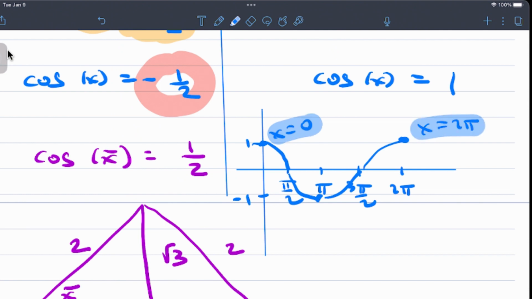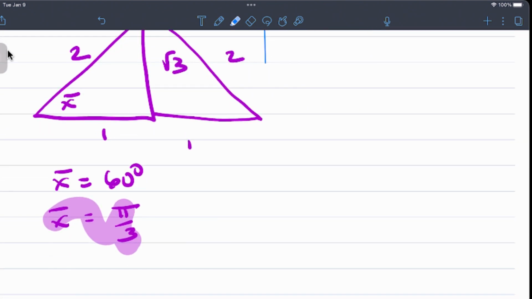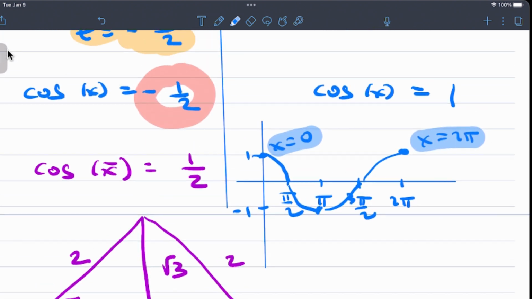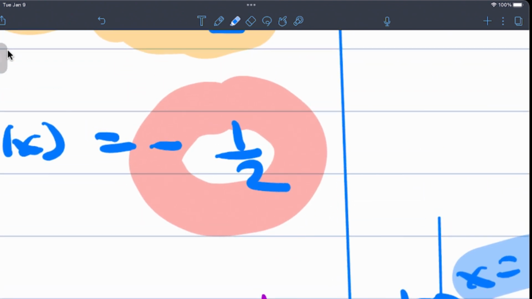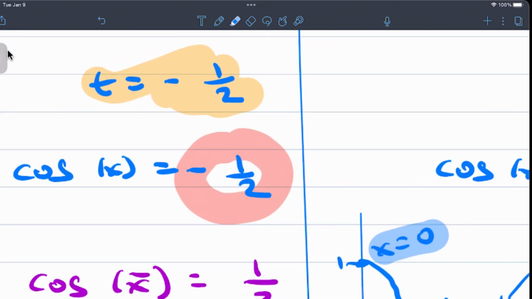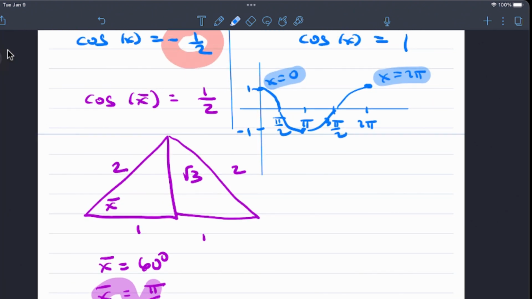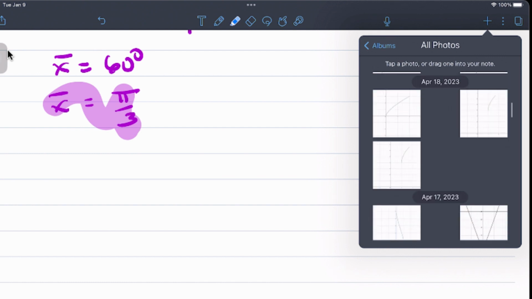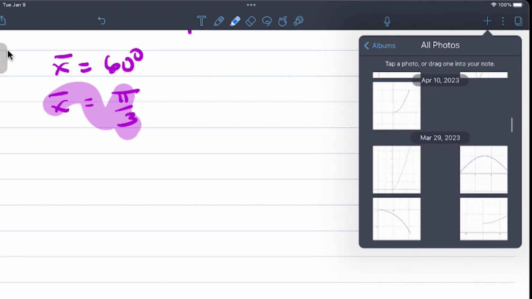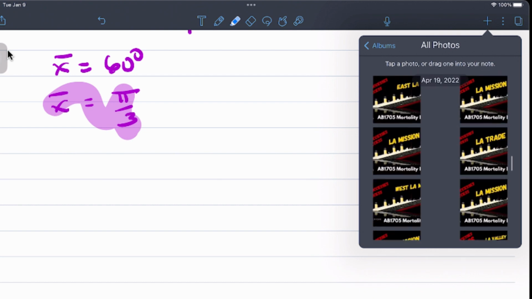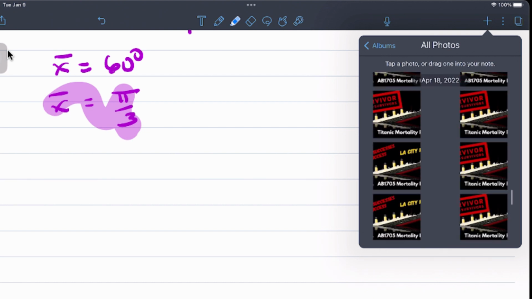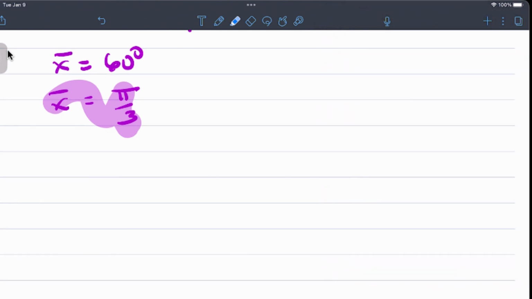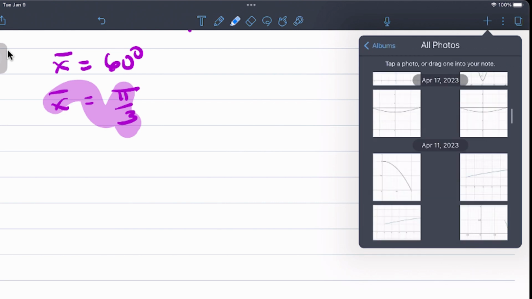All right, let's figure out the general solution of this here, okay? So my reference angle is 60 degrees, pi over 3. Cosine is really what? Negative. So I got to bring in my All Students Take Calculus picture.